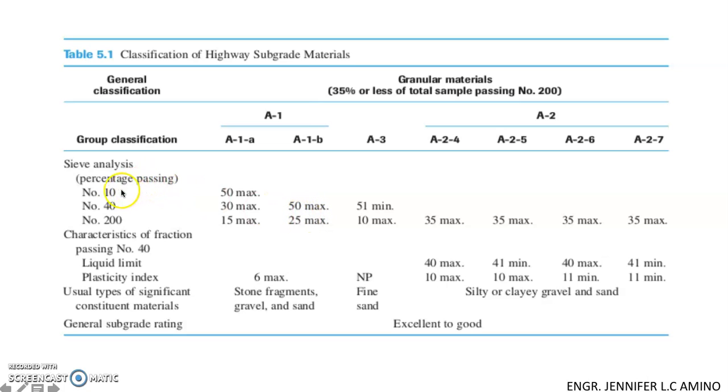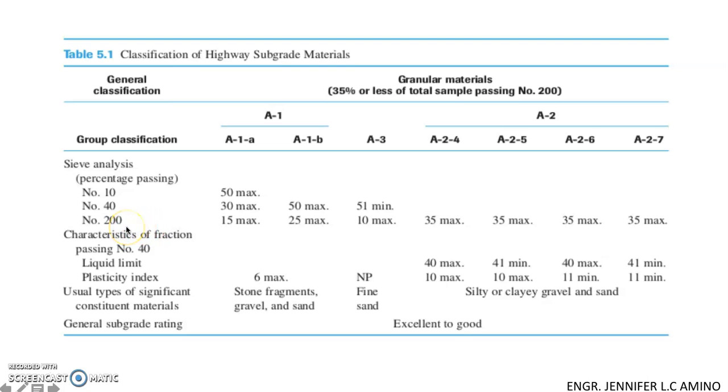However, if it does not pass number 10 and number 40, it cannot be classified among this classification. You move on to the next given, which is number 200, for example, and try to classify based on this given data. If it passes whatever is given, that would be the classification.